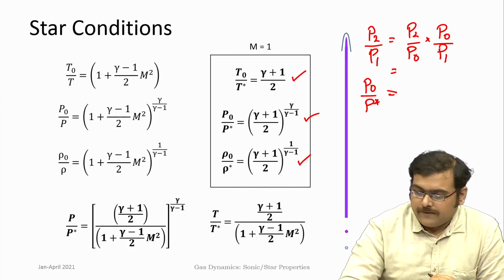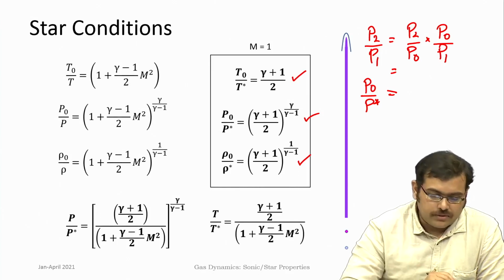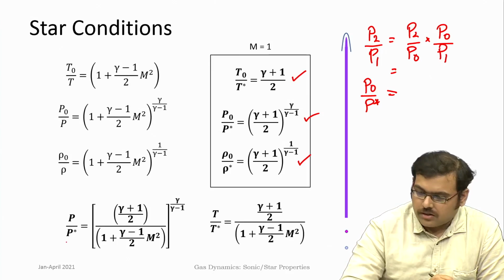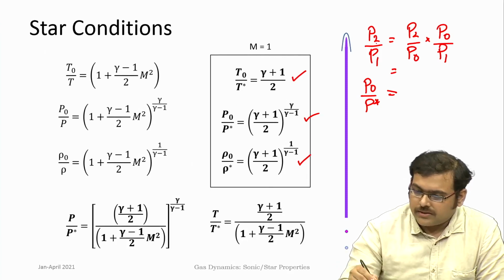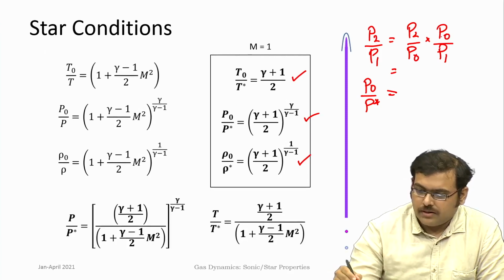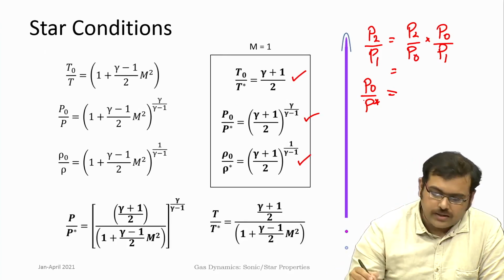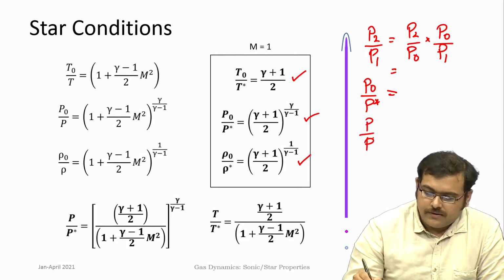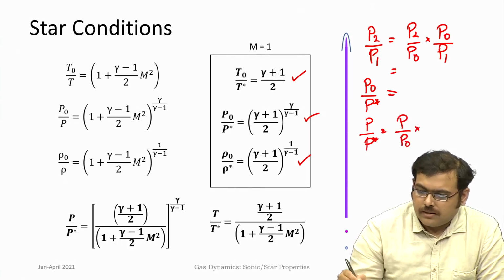Now let us see for any given point how we can compute the star condition. That is really straightforward once this is defined, because you know this is the relationship. P by P star is P by P naught multiplied by P naught by P star.